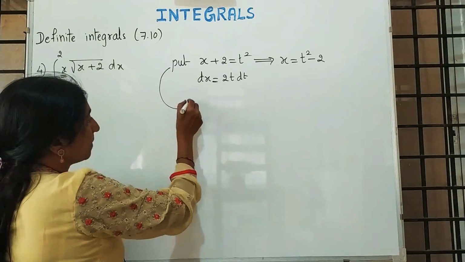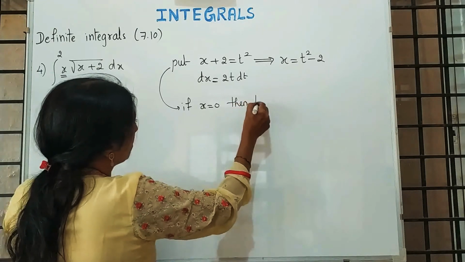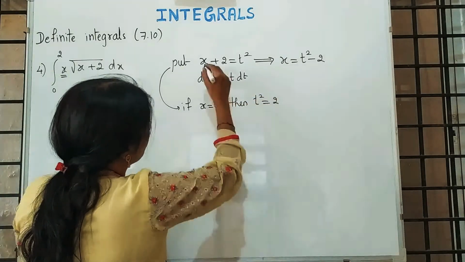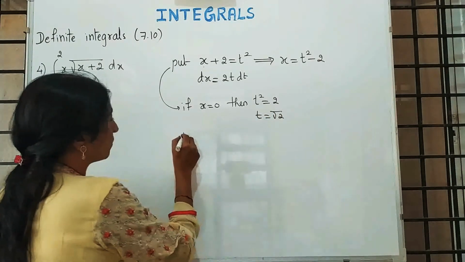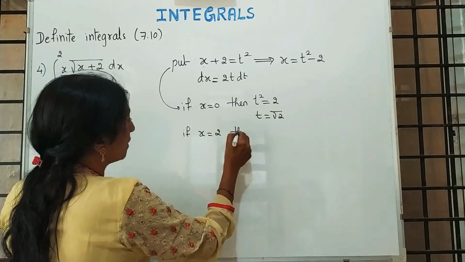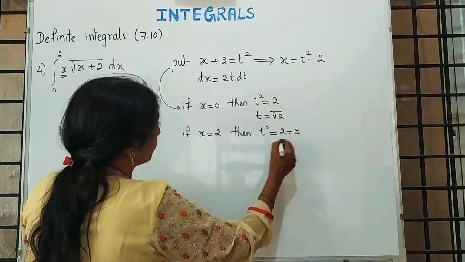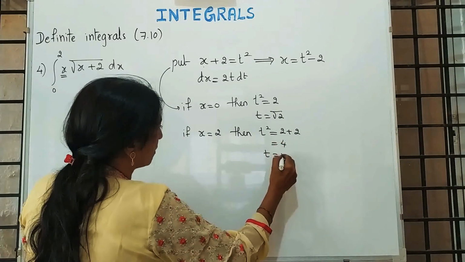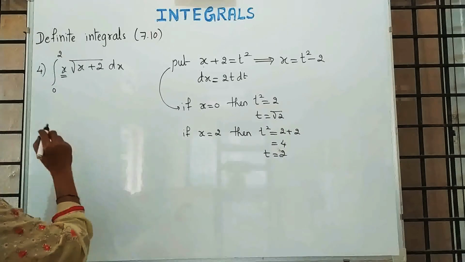Here, if x is 0, then t square is 2, 0 plus 2 is 2, that is t is root 2. If x is 2, then t square is 2 plus 2, that is 4, t is equal to 2. Lower limit is root 2, upper limit is 2.